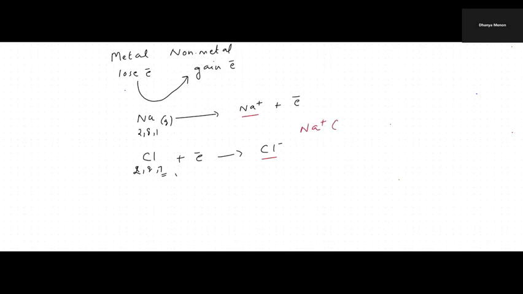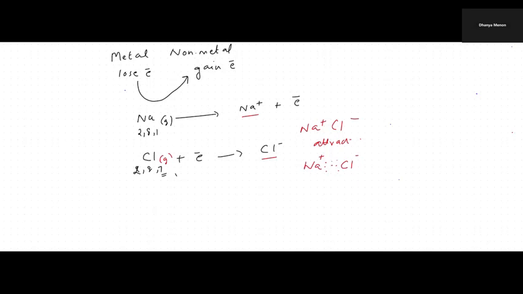These opposite charges attract each other, and these forces of attraction keep them together in a bond, which is called ionic bond. So electrovalent means charges are involved. Basically there is no bond formed, but there is strong force of attraction between the positive sodium ion and the negative chloride ion, both of them in the gaseous form.